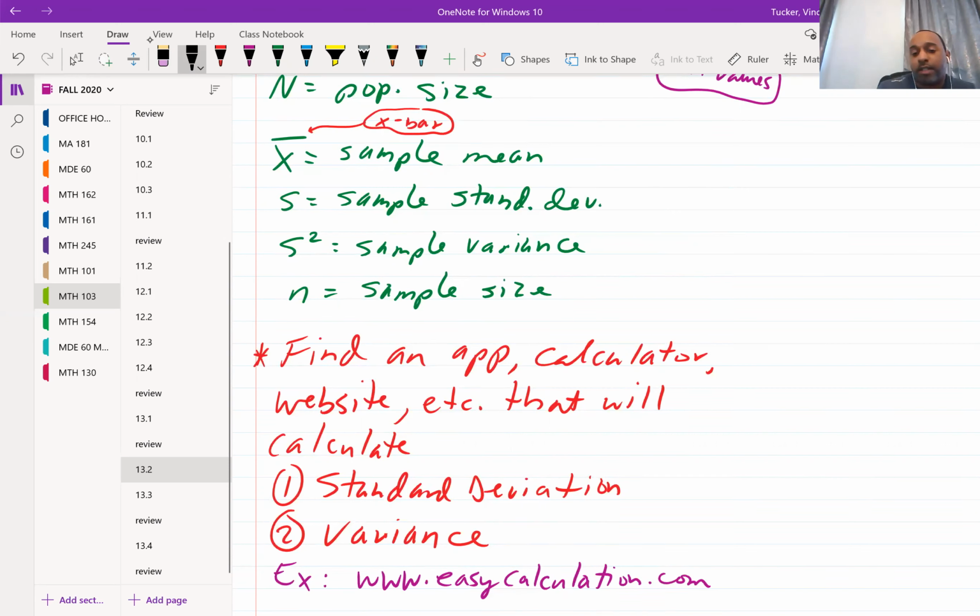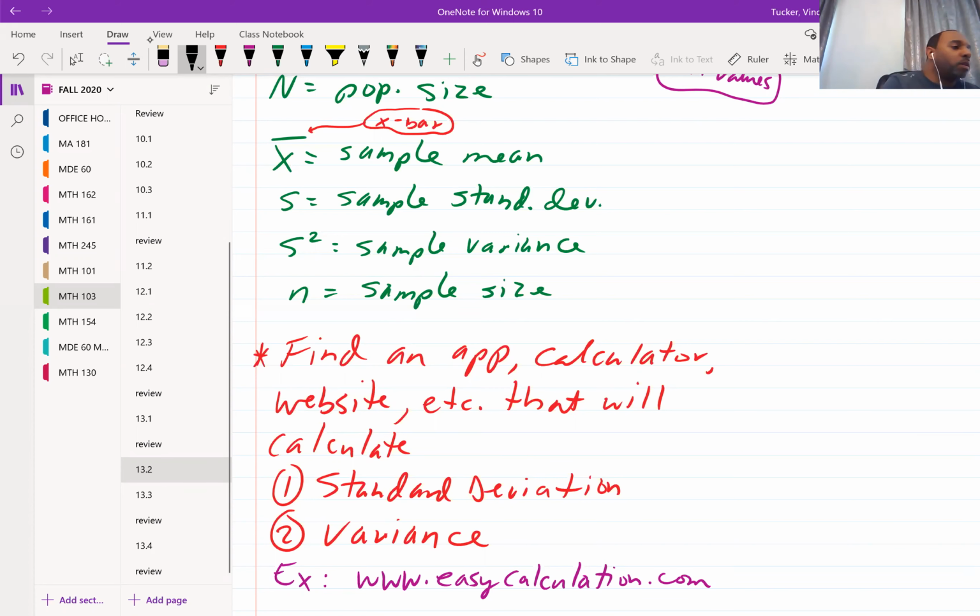One I always suggest that's pretty easy to use is easycalculation.com. I'll show you how to search in a second. Just want to make sure everybody has a chance to write this down. You can go to the App Store, there are a bunch of free things you can use, but it's on you to find something reliable and legitimate.